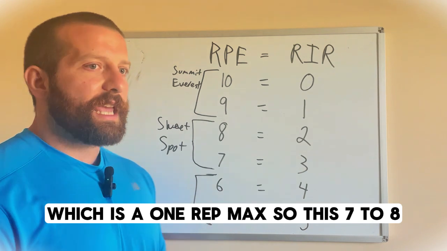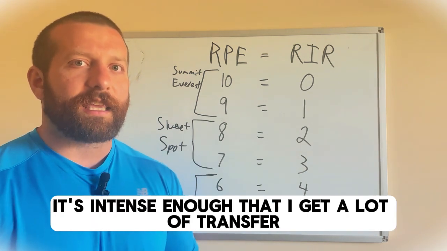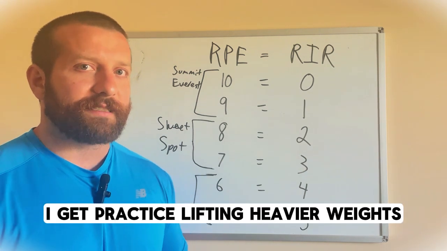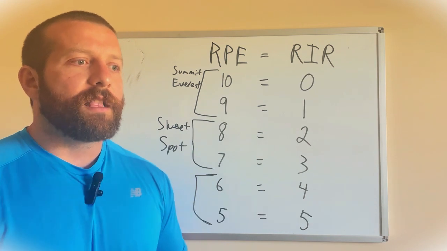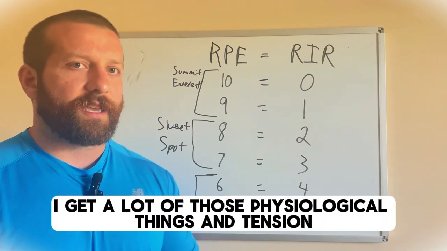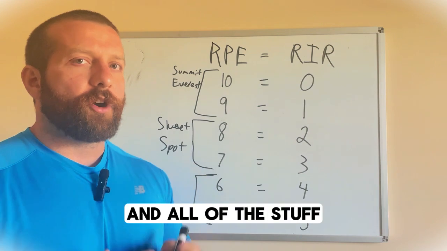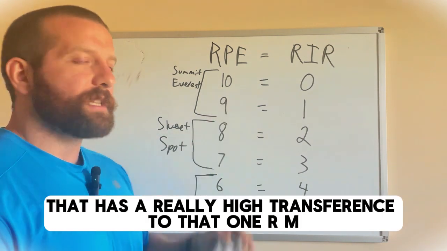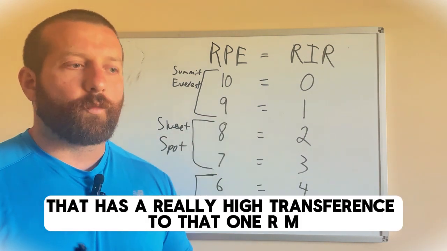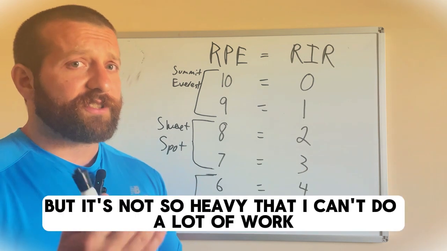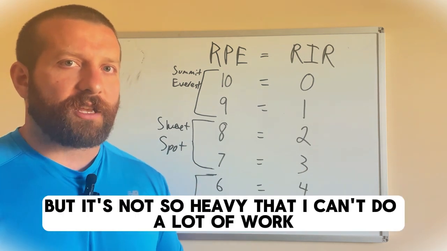So this 7 to 8, it's intense enough that I get a lot of transfer. I get practice lifting heavier weights. I get a lot of those physiological things and tension and all of the stuff that has a really high transference to that 1 RM. But it's not so heavy that I can't do a lot of work.